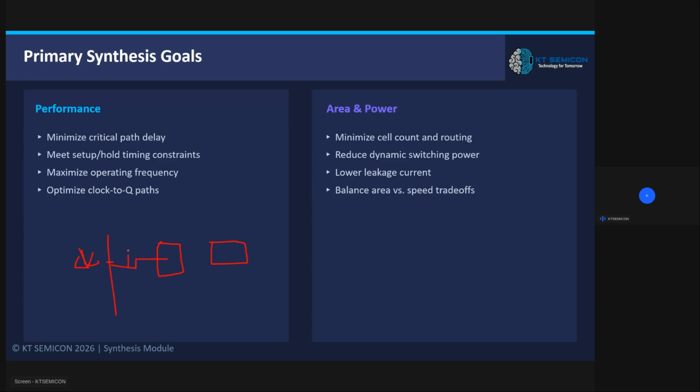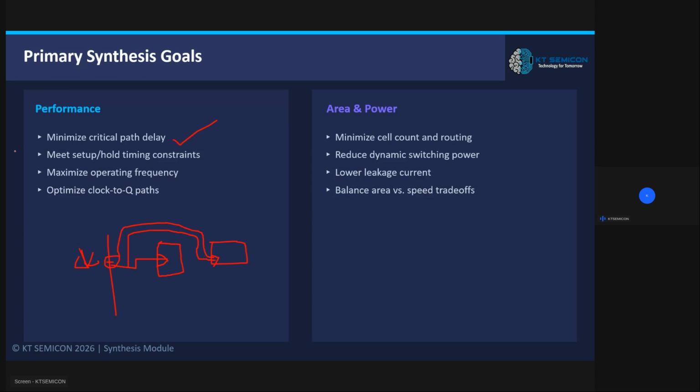For every flip-flop we are giving the clock, right? When we add the clocks to particular flops, our duty is to minimize the path delays as much as possible. Path delay means how much delay it takes from the clock port to the flop, which means how much time it consumes.